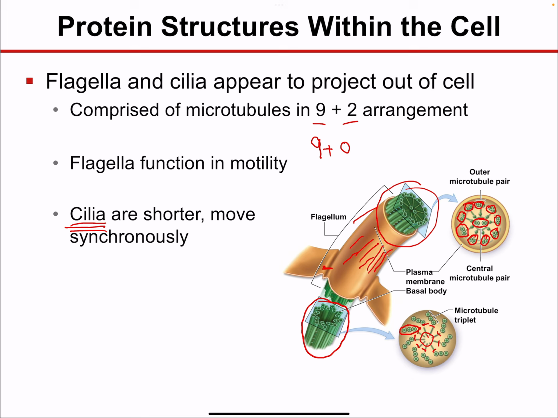But the part of the cilia that extends out is organized just like the flagellum, and the base of the cilia is organized exactly the same way as the base of the flagellum.